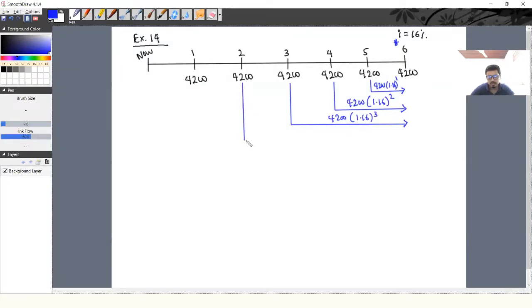For this one also, 4,200 into 1.16 to the power 4. This is year 2. At the end of the third year, fourth year, fifth year, sixth year, 4 years later, what should be the value of this 4,200?